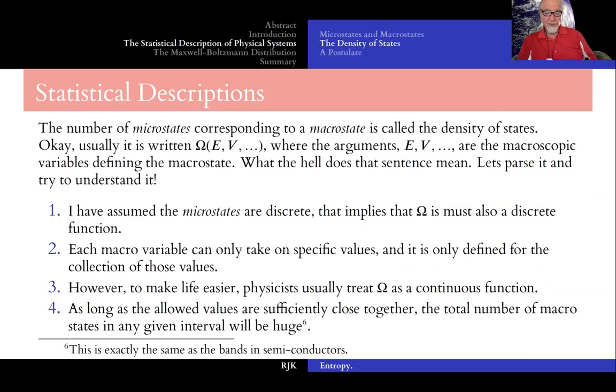Every one of those that are equivalent for a particular set of macro variables is counted in the density of states. This is usually written using a large omega, and the arguments are the macroscopic variables, the things that you actually care about and that you can measure.